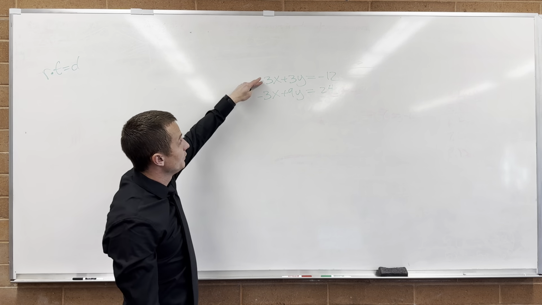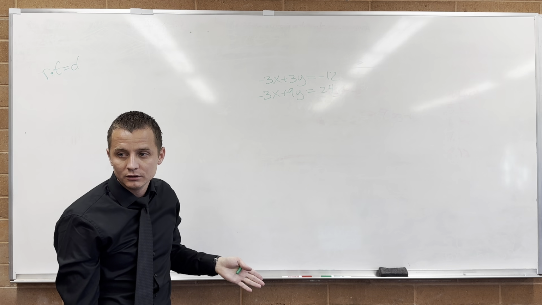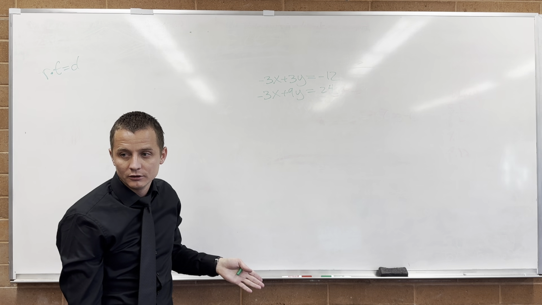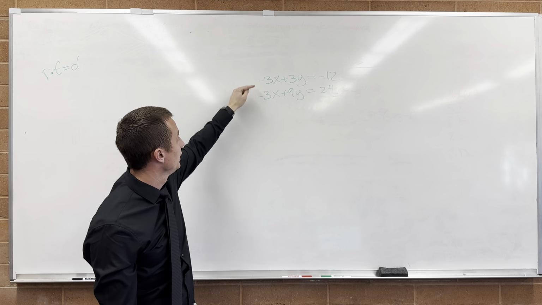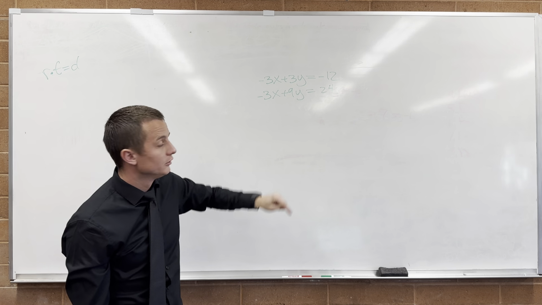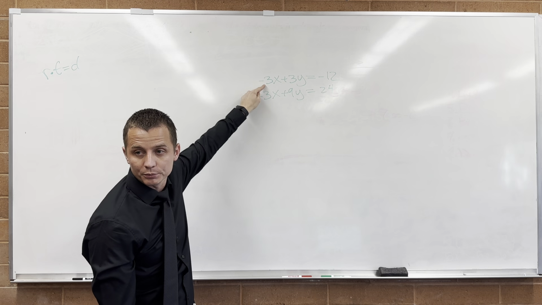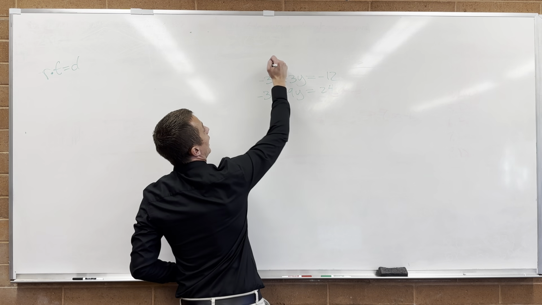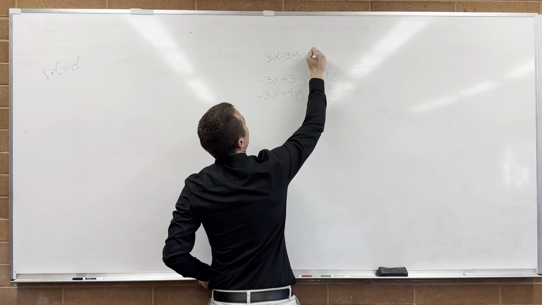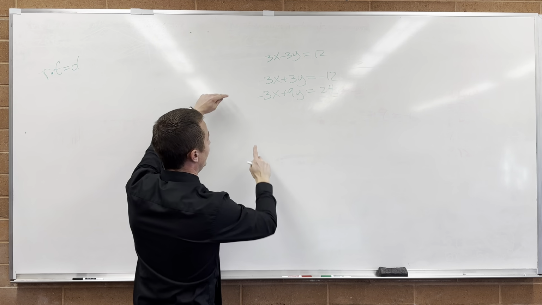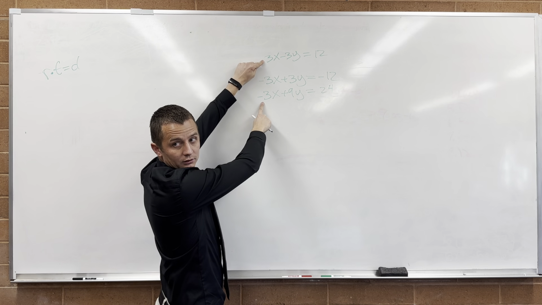This one's screaming for us to add the two together. So first I'm going to multiply the first equation by negative 1 across, and then add it to the other. Multiplying both sides by negative 1, I can rewrite this as 3x minus 3y is equal to 12. Now I add these two together.